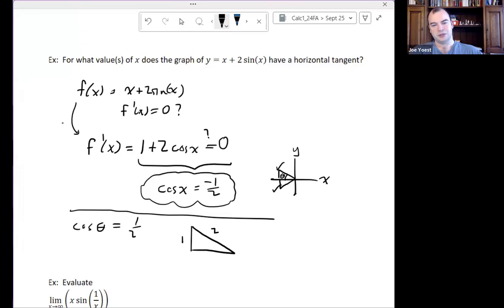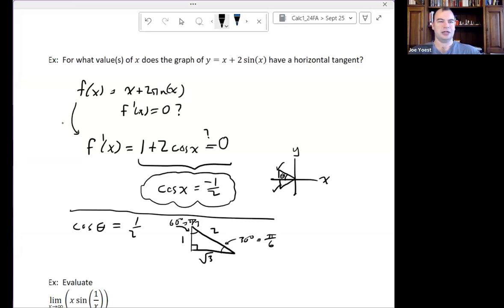I have a 1, 2, √3 triangle. And I know that this is a 30, 60, 90 triangle. This is 30 degrees, or that's 1/6 of 180 degrees. That's pi over 6 radians. This bigger angle, 60 degrees, or pi over 3 radians.